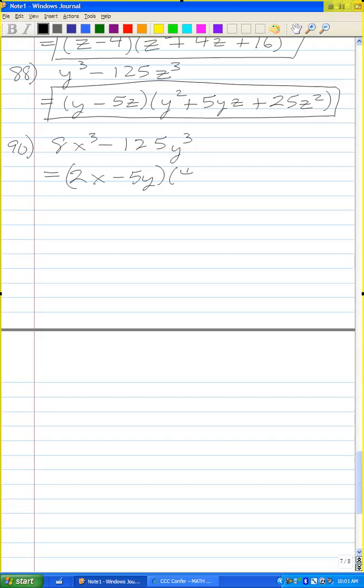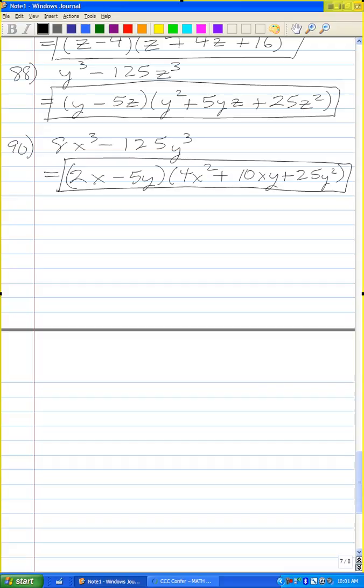Square the first term, 4x squared. Change sign, multiply the two terms, 10xy. Square the last term, 25y squared. And all the remaining terms cannot be factored over the integers, so I'm done. Let me do problem number 92.